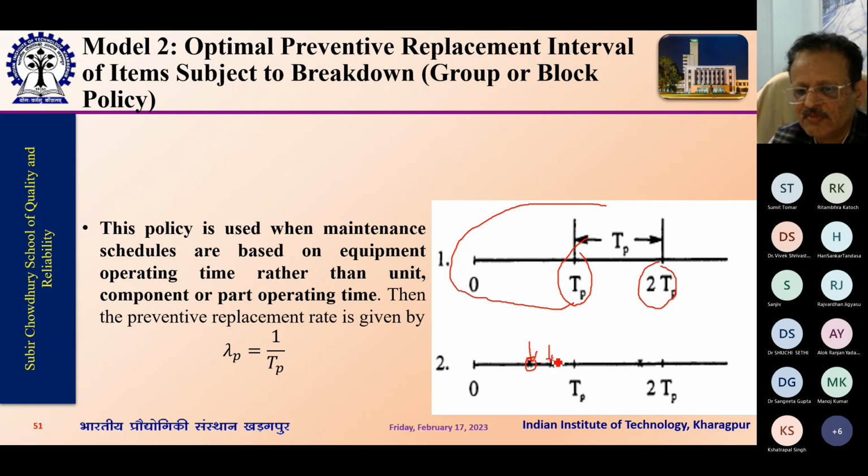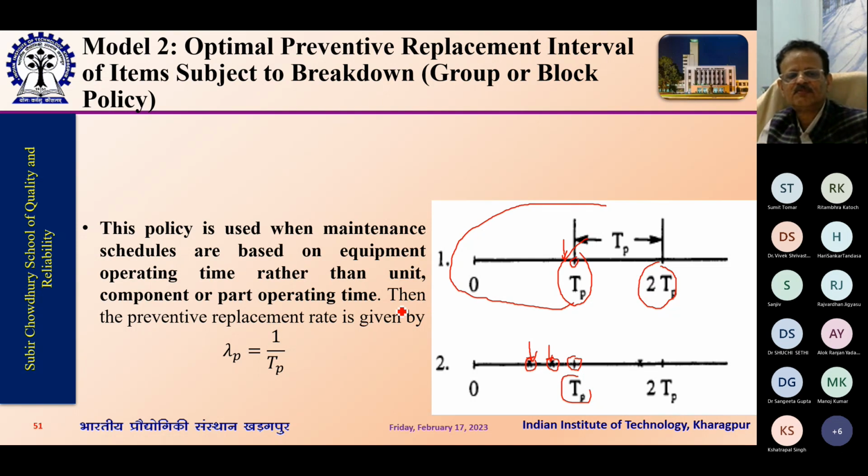Again it fails, we have replaced it correctly. And here it has not failed, but we strictly adhere to the rule that it should be replaced. It might fail very near to this, right? But 6 months has been reached, so we have to replace it. So this is one drawback you can say.